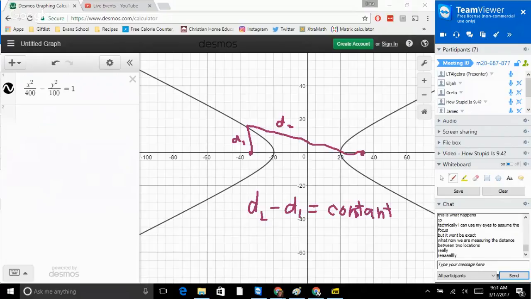Hyperbolas are like the opposite, right? You use subtraction, they're going apart from each other, and the distance from each focus point to the hyperbola, when you subtract those distances, is constant. So that's how I like to think about it. There's more properties that we'll talk about, but basically they're the anti-ellipse.